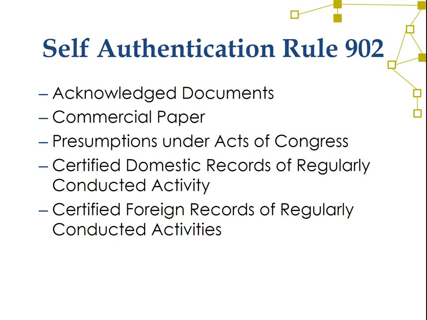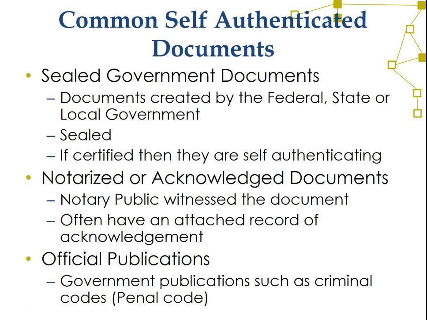Certified domestic records of regularly conducted activity, and presumptions under acts of Congress, and commercial paper, and acknowledged documents, and all this. But we're going to cover the ones that I spoke of, and these are the ones that you'll typically run into, because we really don't have a chance to go through all 12.